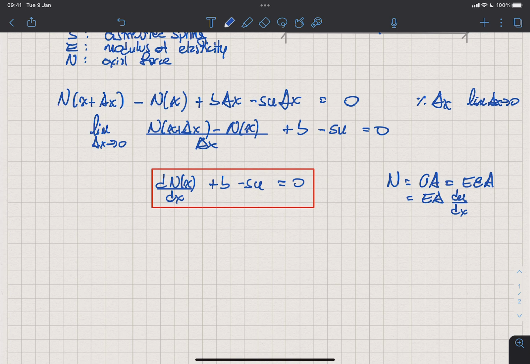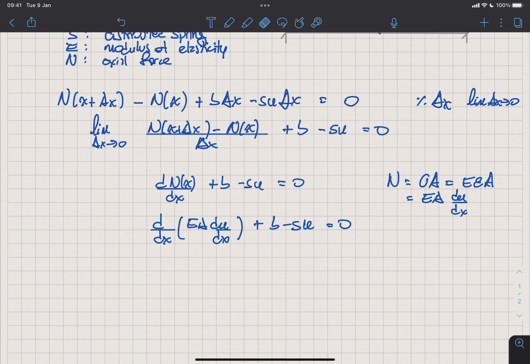When we plug this into the equilibrium equation, our differential equation now looks like that.